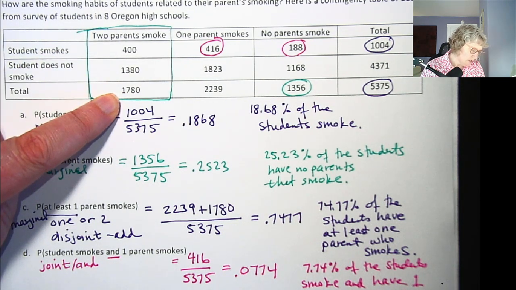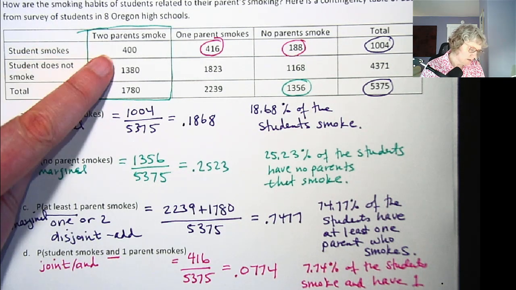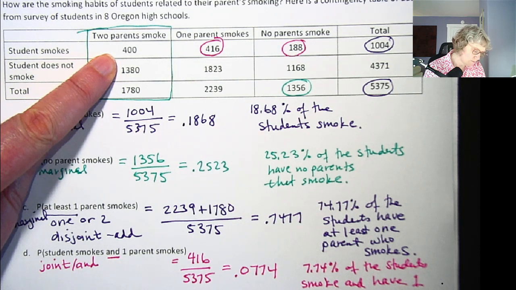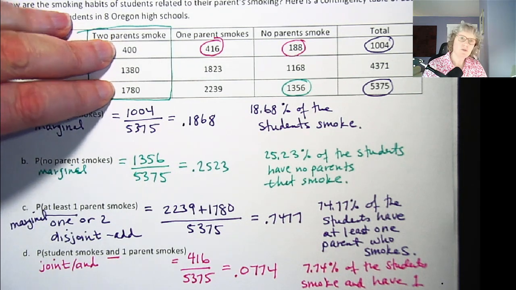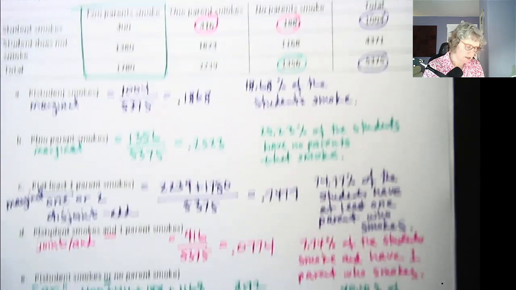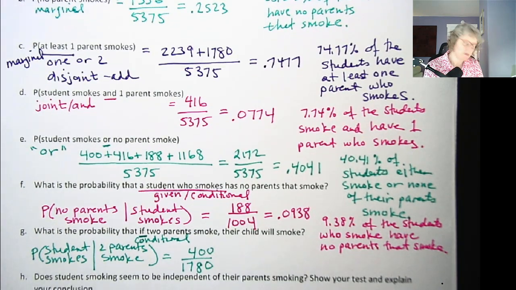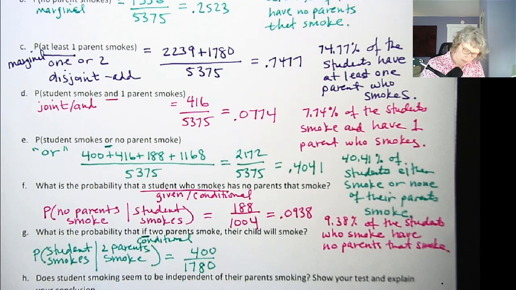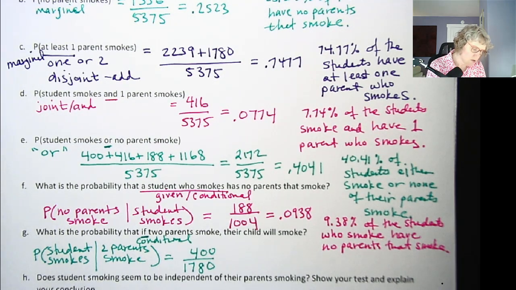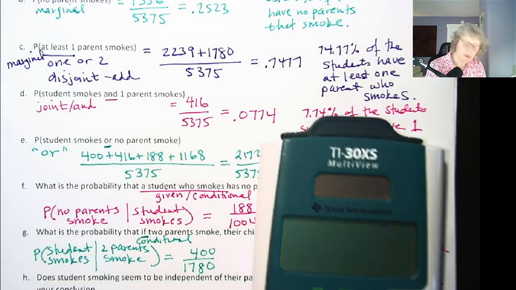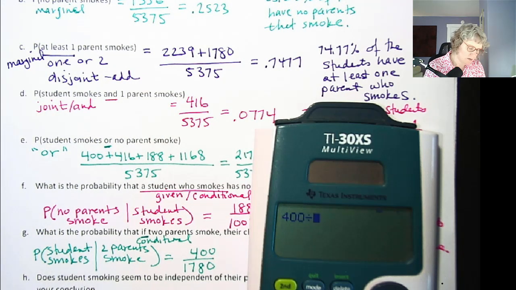And then how many in that column are students who smoke? That's 400. Okay, so that's 400 out of 1780. I'm going to calculate that. 400 out of 1780 is 0.2247.